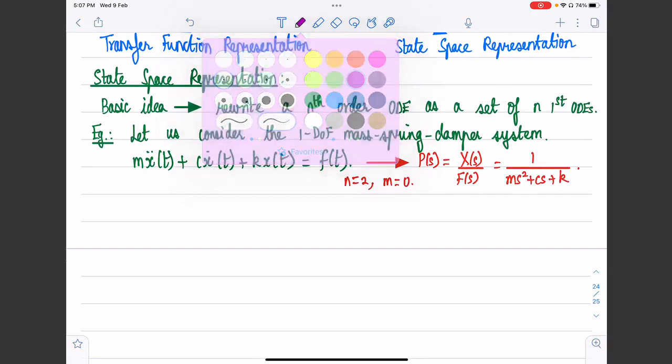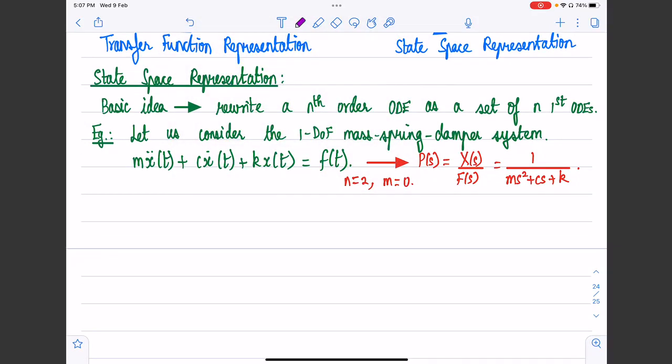Now, what do we do? What do we do in order to get the state space representation? So the first step is to identify as many state variables as the order of the system.